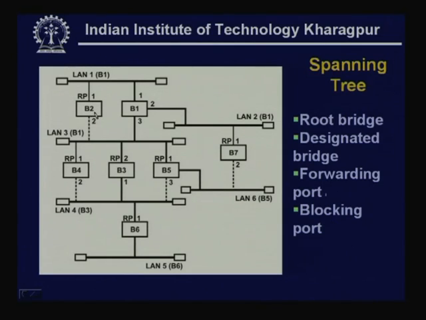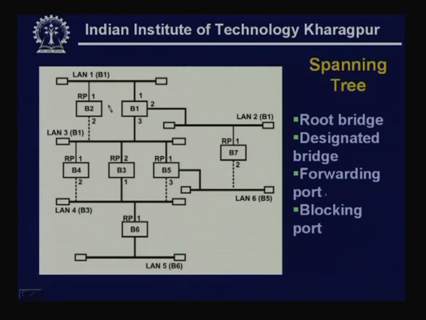For example, this is the root bridge for LAN 1. Actually, if you have multiple bridges, the bridge having the lower MAC address is used as the root bridge. So this is considered the root bridge, and then you can see this particular path is a blocking path.